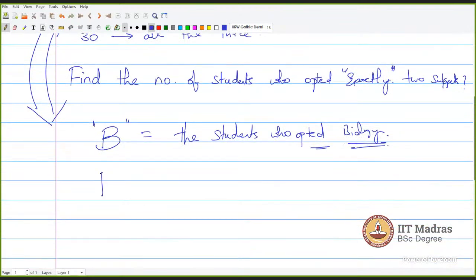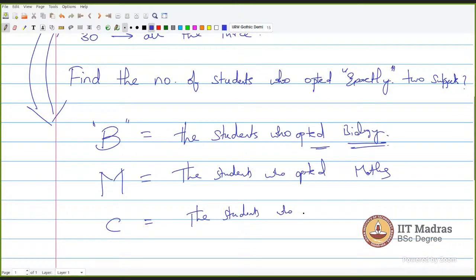Similarly, I will take another set M, the students who opted for maths, and another set C, the students who opted for chemistry. Now I have three sets.